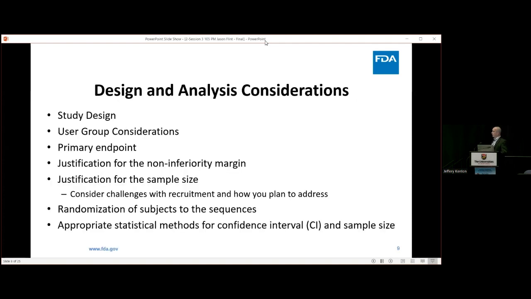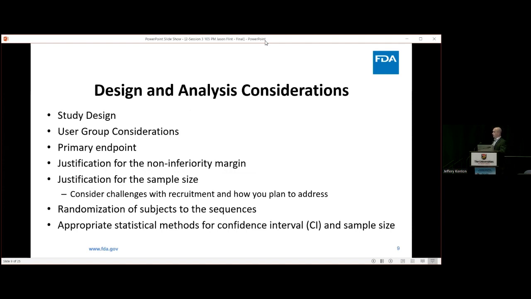So when I'm trying to design this type of a study, I'm going to factor in all of these different things. The study design itself, what's unique or what's happening with the user groups, what's the primary endpoint, justifying the non-inferiority margin, which then plays into justifying the sample size.